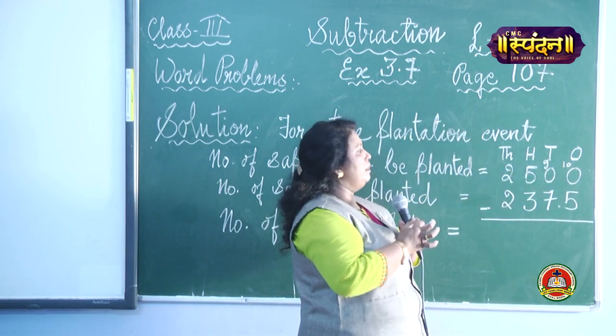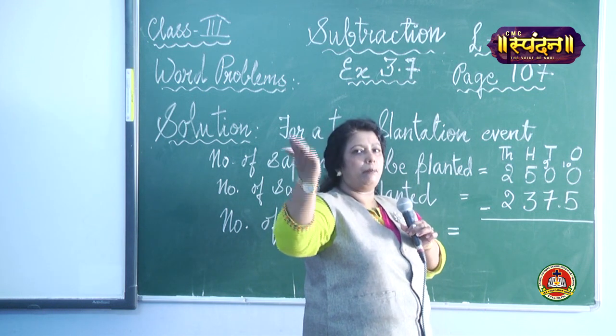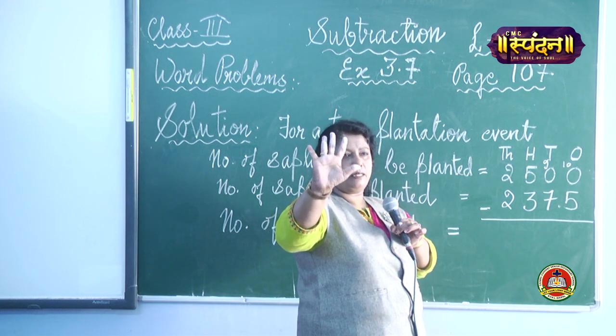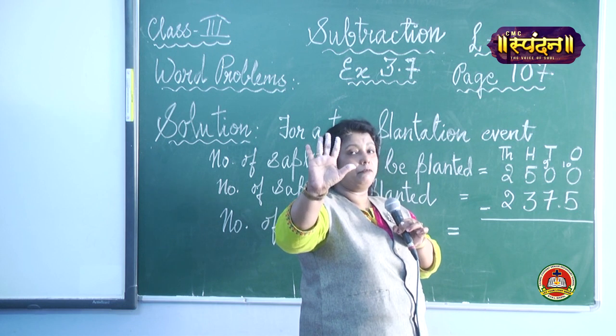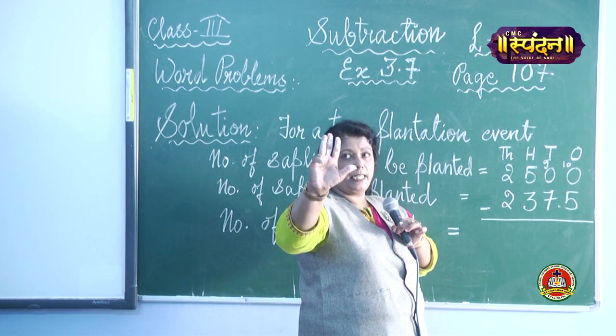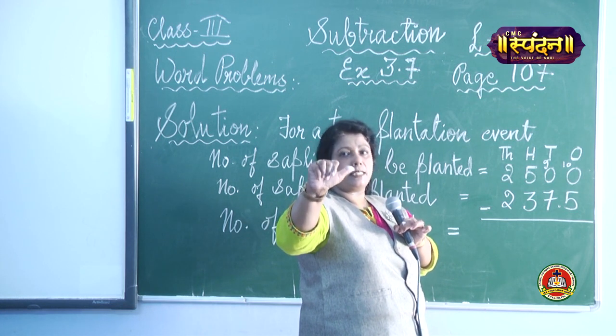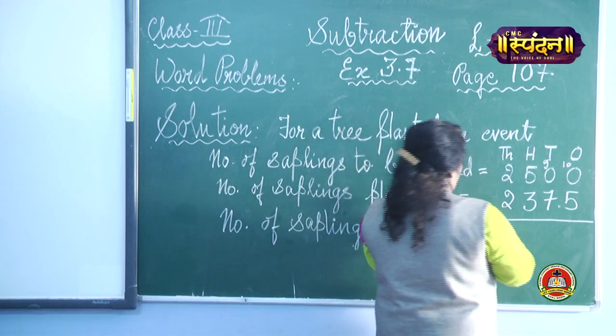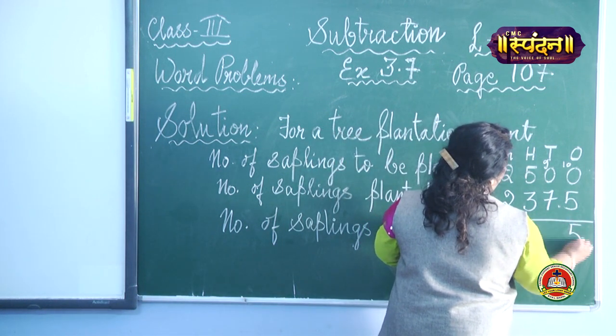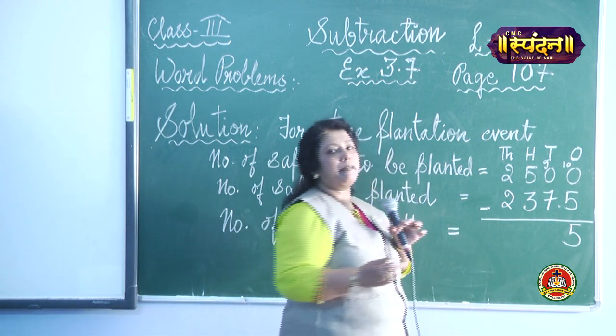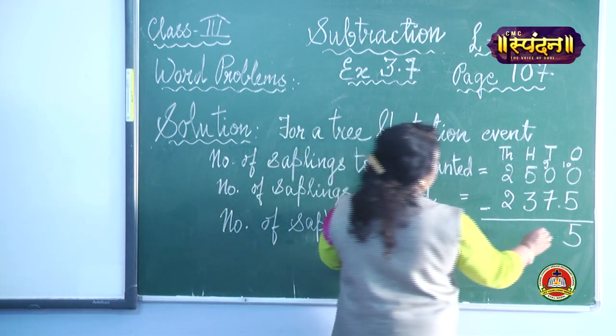10 minus 5. 10 on my mind, 5 on my fingers. 10 से come backward counting: 9, 8, 7, 6, 5. 9 minus 7, that is 2.